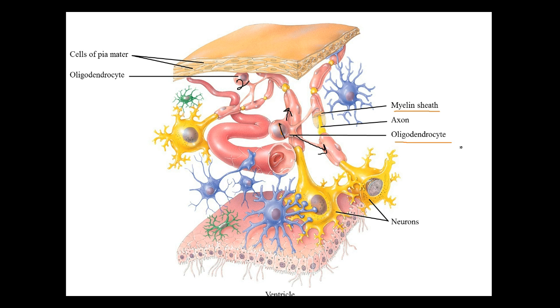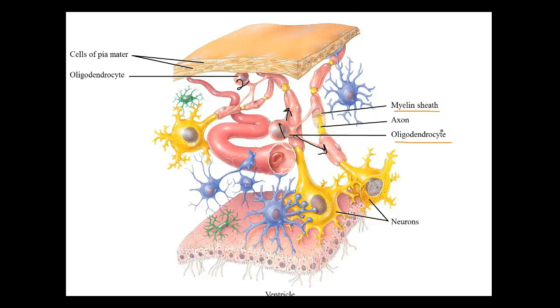This is something that makes oligodendrocytes relatively unique: they can myelinate more than one axon at a time. Now the downfall is, if an oligodendrocyte gets damaged, it will not be able to regenerate.